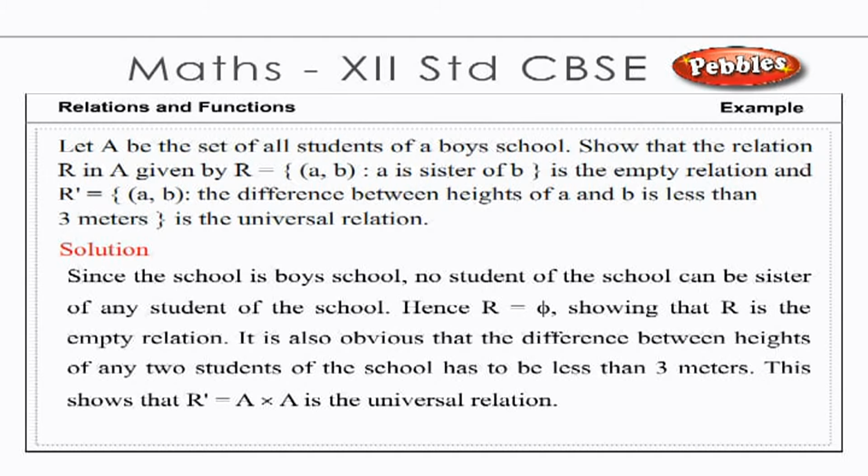Since the school is a boys' school, no student of the school can be sister of any student of the school. Hence, R = phi, showing that R is the empty relation. It is also obvious that the difference between heights of any students of the school has to be less than 3 meters. This shows that R' = A cross A is the universal relation.